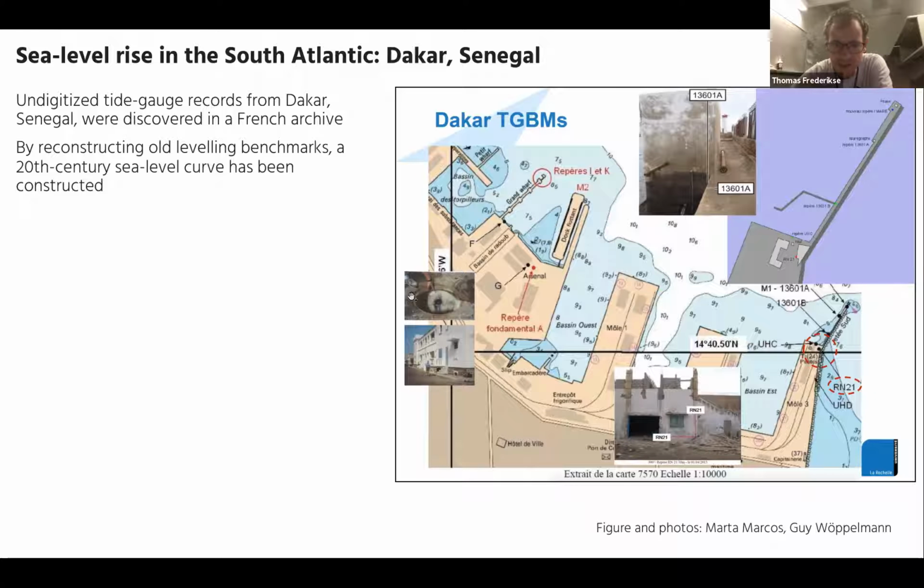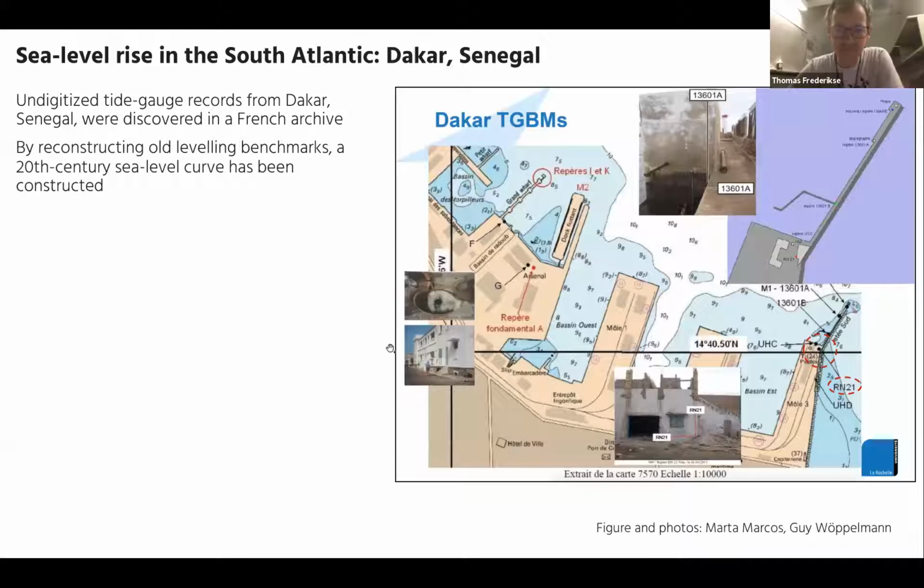Now you can see here an old benchmark in a ditch in the street, and there are also some old buildings that have these benchmark locations. And there's also a tide gauge that actively measures sea level right now in Dakar, and it was also benchmarked. So they reconstructed all this benchmark data so they could link the old records to the current records.